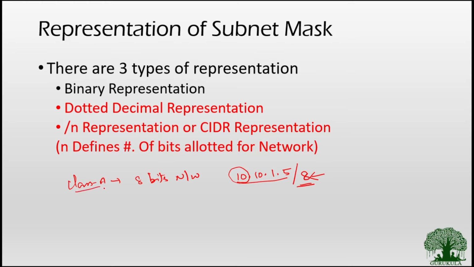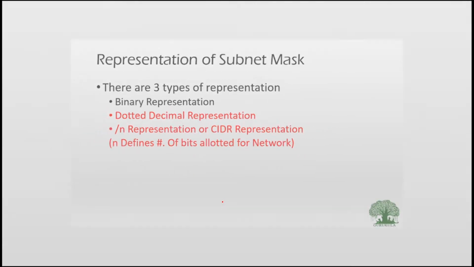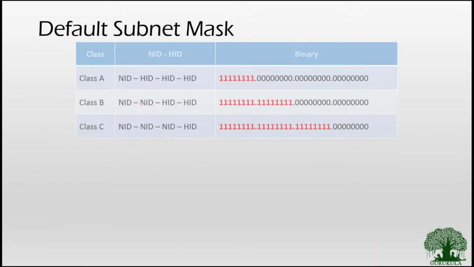So we very well know that since it is starting with 10, this belongs to class A, and in this class A, out of 32 bits, the 8 bits which are present over here are meant for representing the network. So a default subnet mask for all the class A, class B, class C is represented over here.